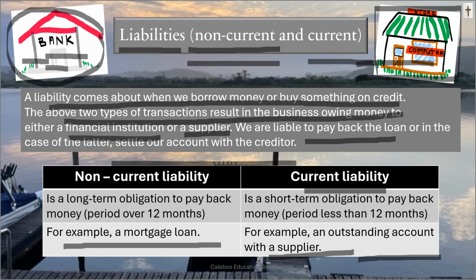If we go into overdraft, that means the bank has given us the facility to spend more than what we have in our bank account. But remember, when you go into overdraft, it will cost you because the bank will charge interest. So there we go. Liabilities can be both non-current and current, and I've discussed a couple of examples.